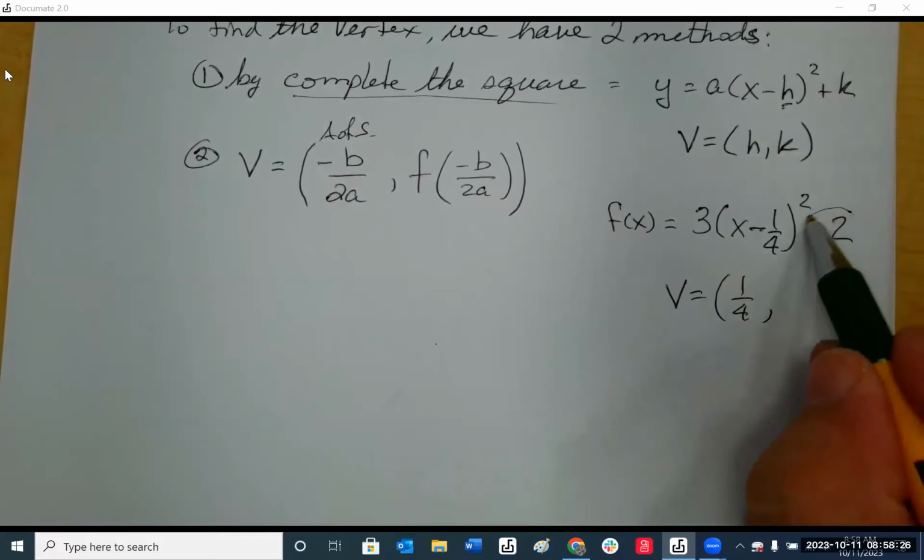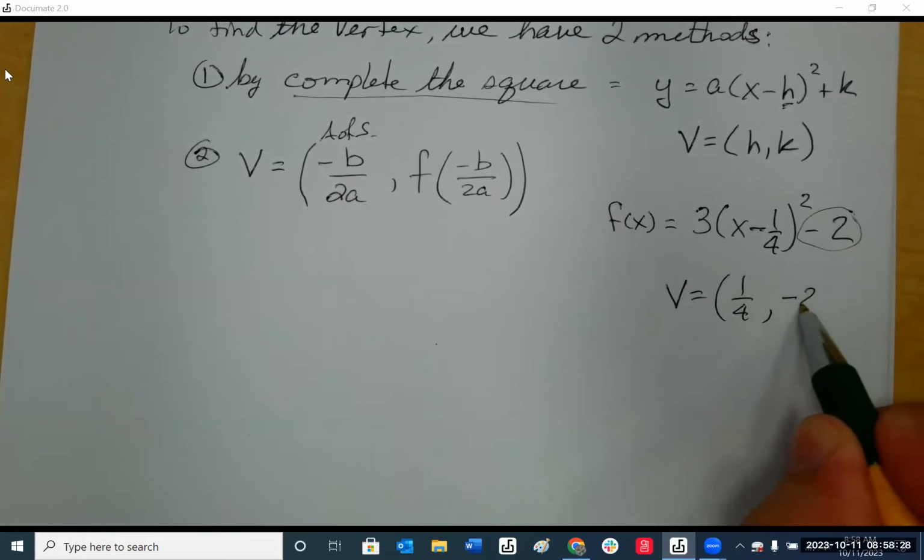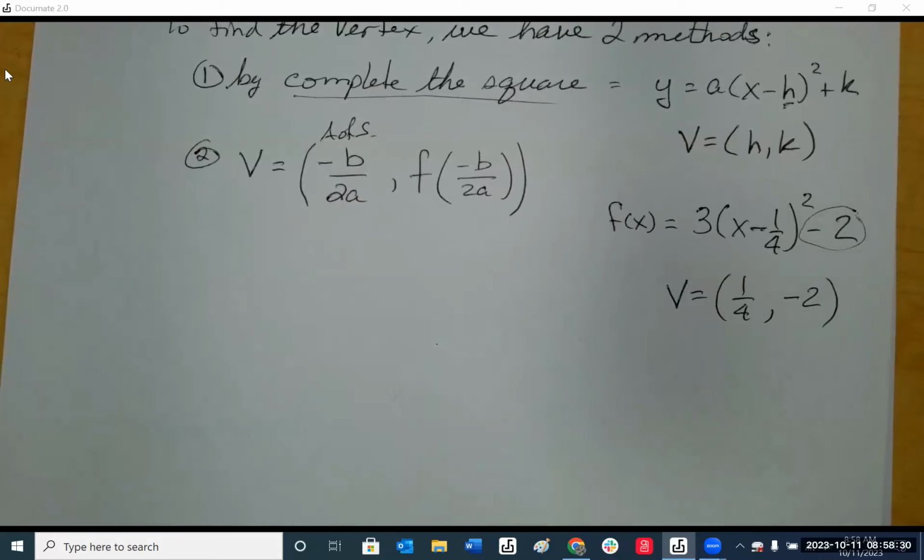And the outside, it is what it is. So that's the vertex.